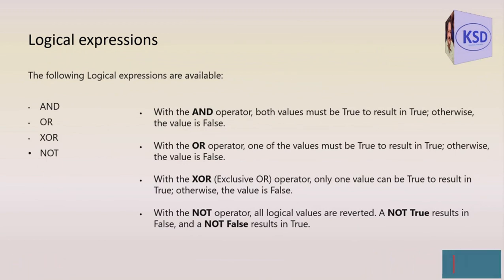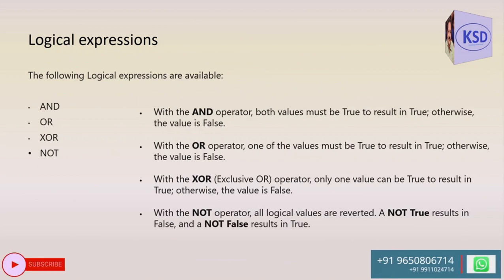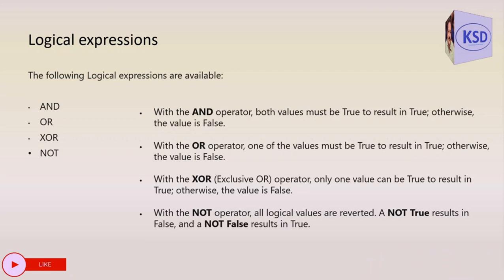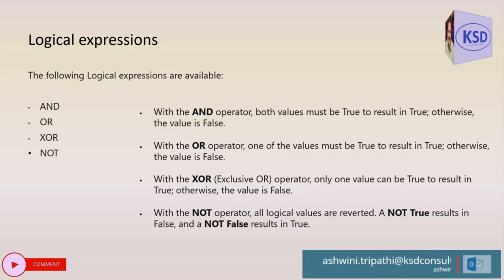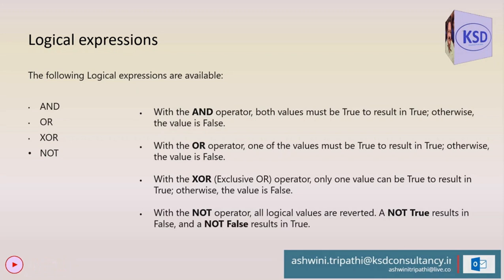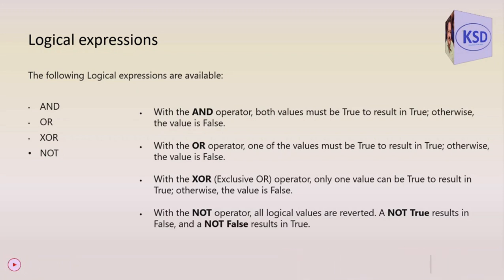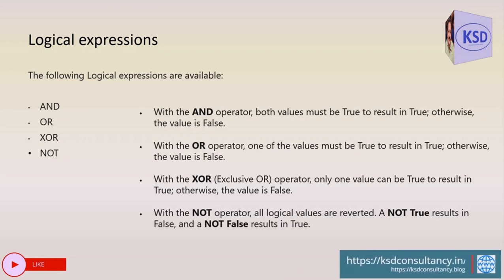Then come our logical operators. Logical expressions are basically and, or, XOR, and not. With the AND operator, both values must be true to result in true. Otherwise, the value will always be false. So if I'm saying A and B, both values should be true, and only then will it return true.